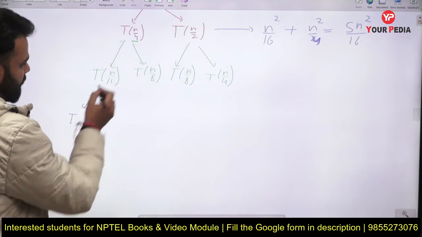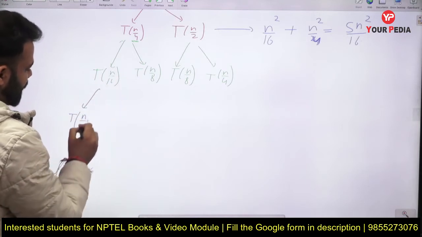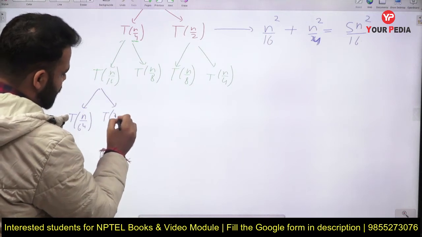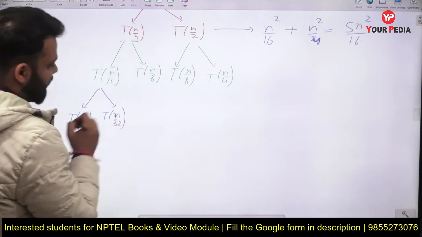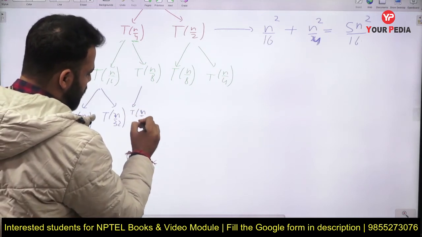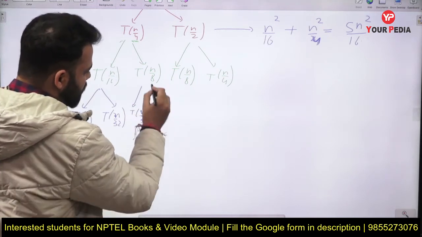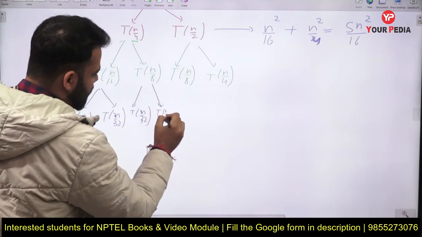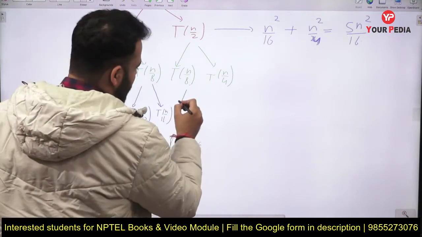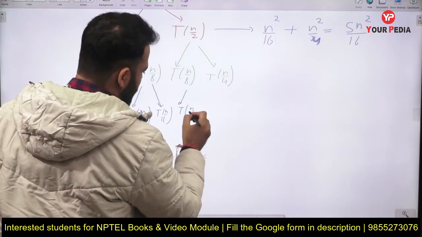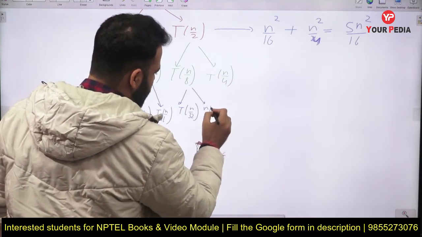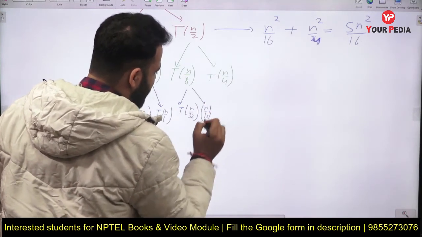Now here by 4 you will get n by 64 and by 2 you will get n by 32. For this by 4 you will get n by 32 and by 2 you will get n by 16. For this again by 4 you will get n by 32, by 2 you will get n by 16.